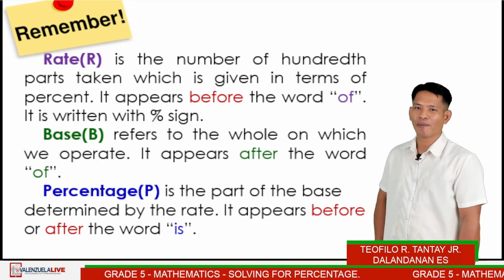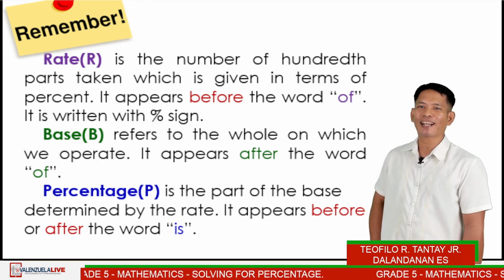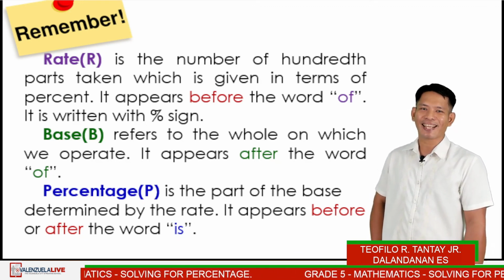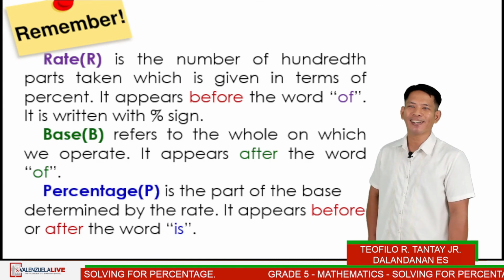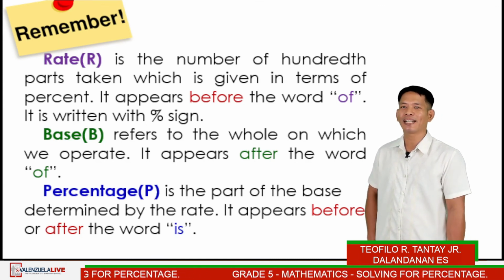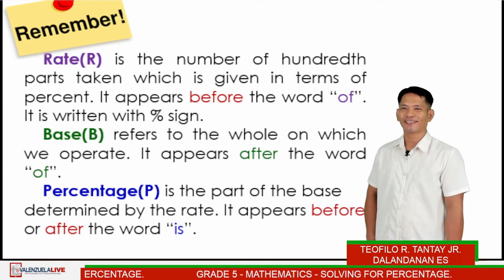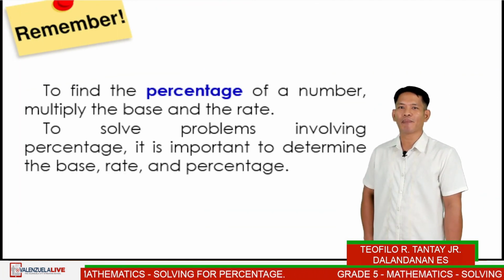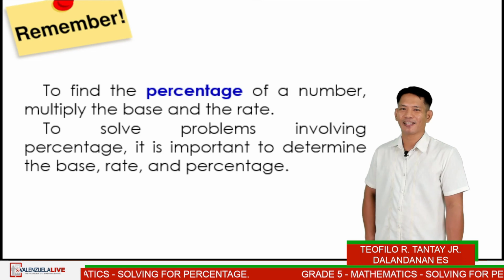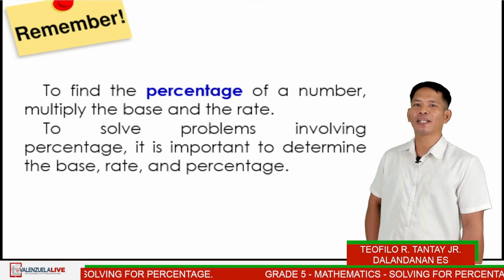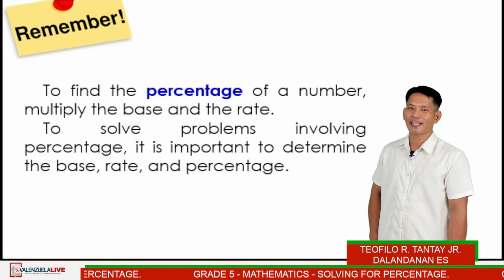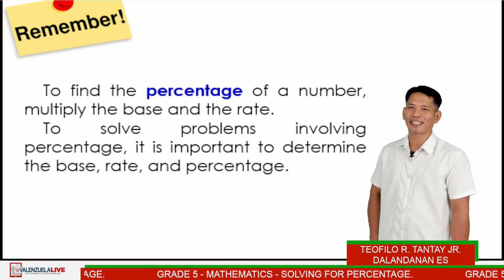And lastly, we have the percentage represented by capital letter P. It is a part of the base determined by the rate. It appears before or after the word is. Now, to find the percentage of a number, multiply the base and the rate. And to solve problems involving percentage, it is important to determine the base, rate, and of course, the percentage.